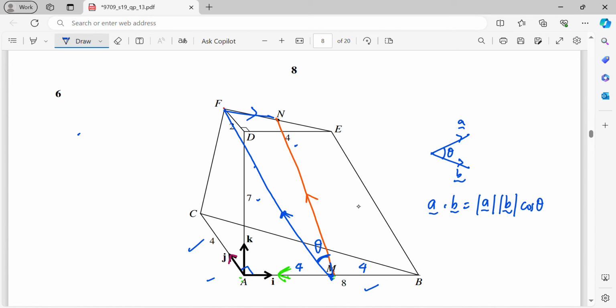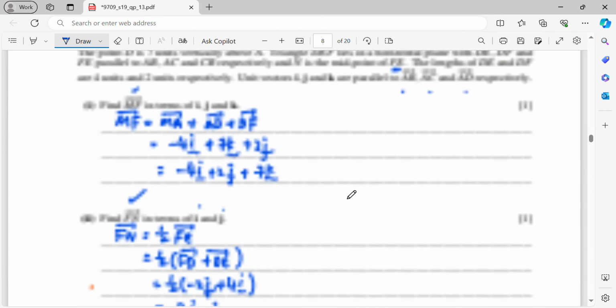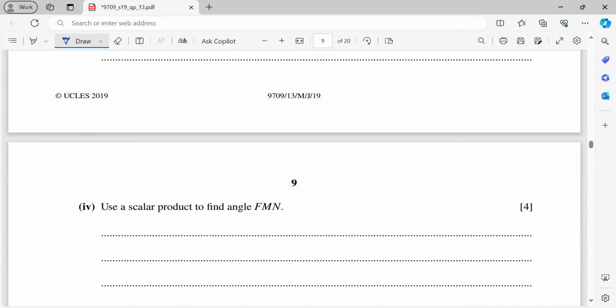So now since these two vectors are pointing outside, I will get MF dot MN equals to magnitude MF, magnitude MN, cos angle FMN.